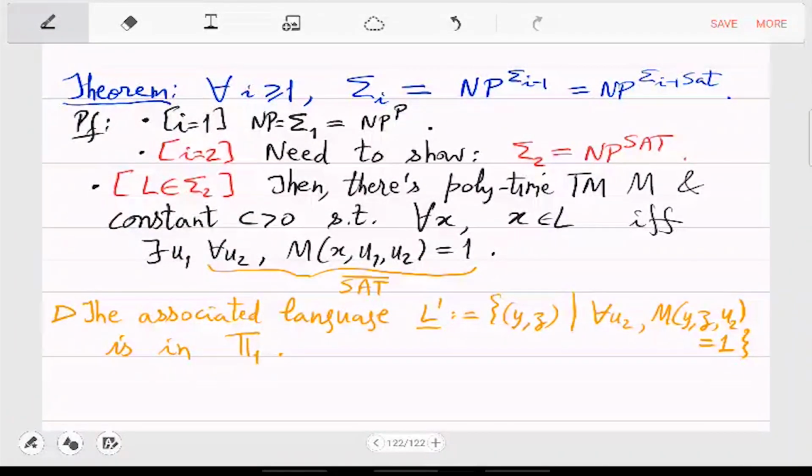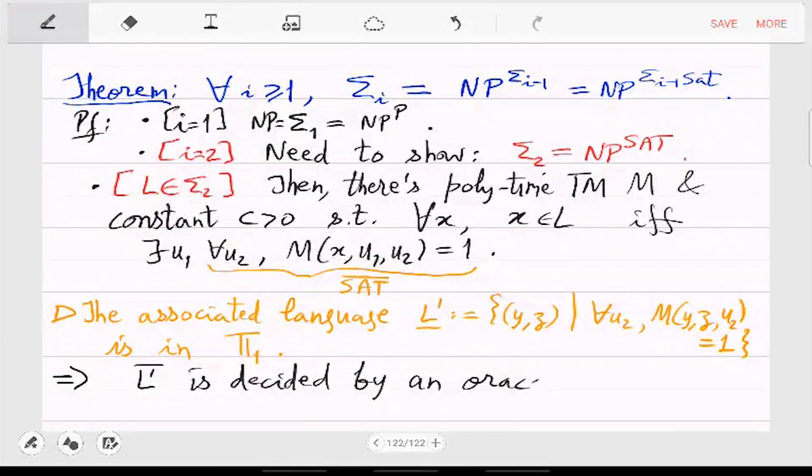And this means that L prime bar is decided by an oracle to SAT. Right, so L prime bar is in sigma 1, whose complete problem is SAT.